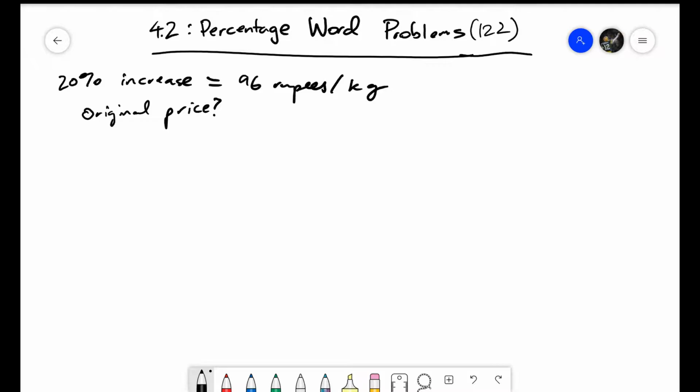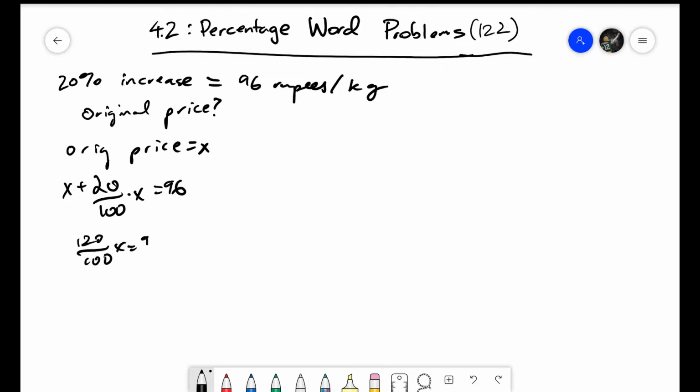So if the original price is equal to x, the 20% increase means that it'll be x plus 20 over 100 times x, and that's equal to 96. So that means that 120 over 100 times x equals 96, which means that x equals 96 times 100 over 120. So x is equal to 80 rupees.